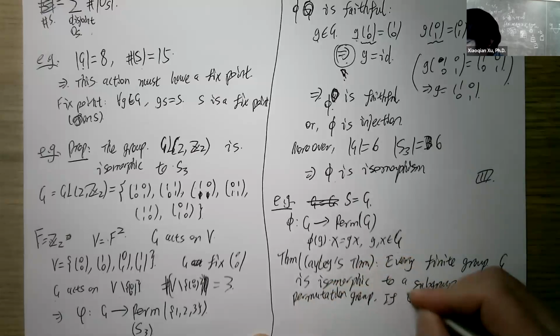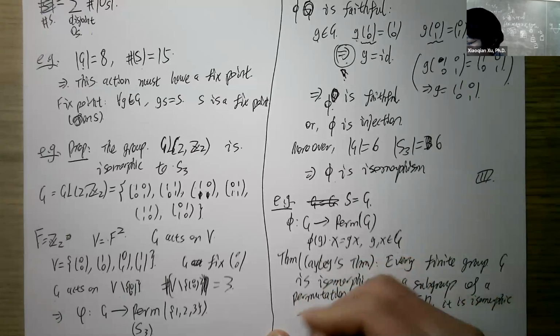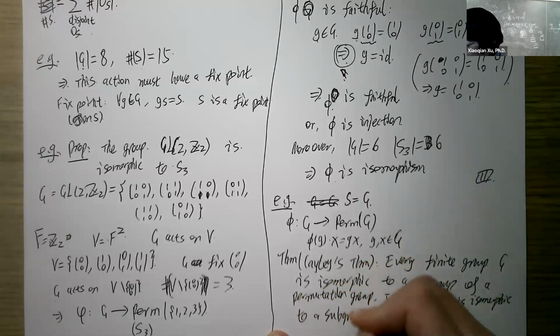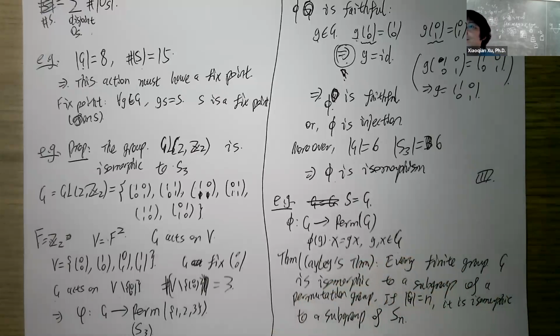If G has order n, then it is isomorphic to a subgroup of Sn. Okay?